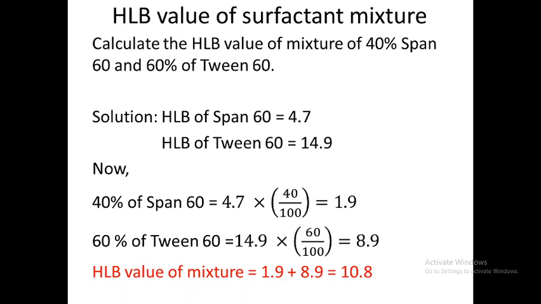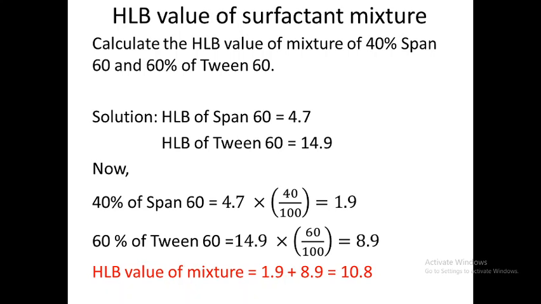Next, the HLB value of a surfactant mixture. If you mix two different surfactants in a fixed proportion, what is the HLB value of that mixture? You can calculate it using different techniques.